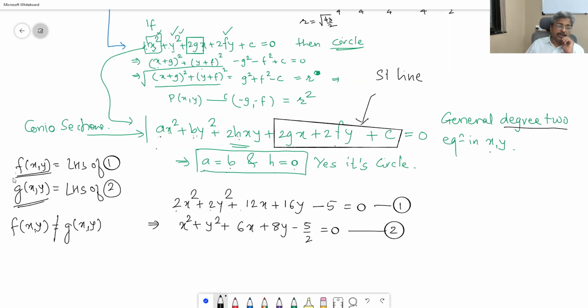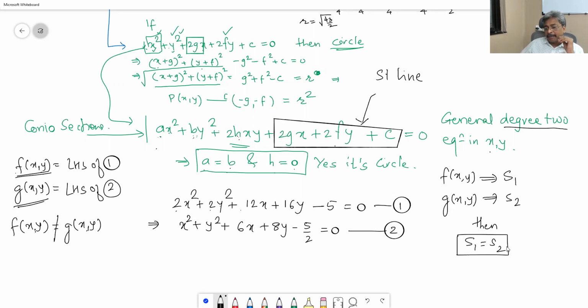However, if f of x comma y means some curve S1, g of x comma y means some curve S2, and if they are proportional, I mean if f of x comma y can be achieved by multiplying g of x comma y by 2, then S1 is equal to S2.